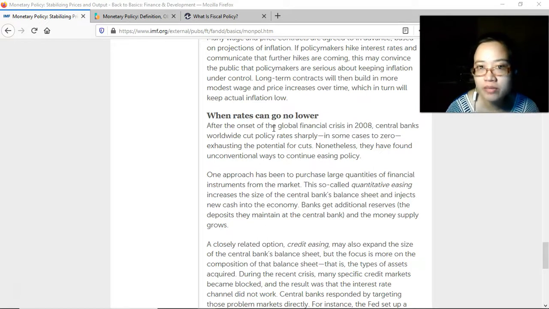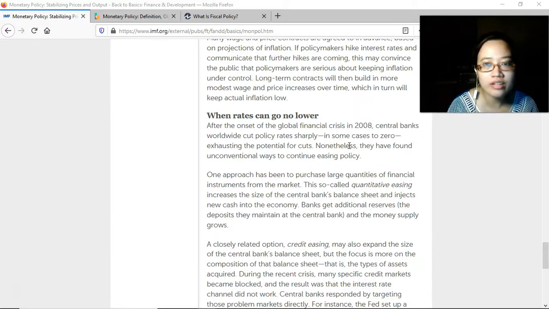So after the onset of the global financial crisis in 2008, central banks worldwide cut policy rates sharply, in some cases to zero, and in other cases, I think Japan, negative interest, in which the borrowers are being paid extra money just to borrow from the banks, exhausting the potential for cuts.